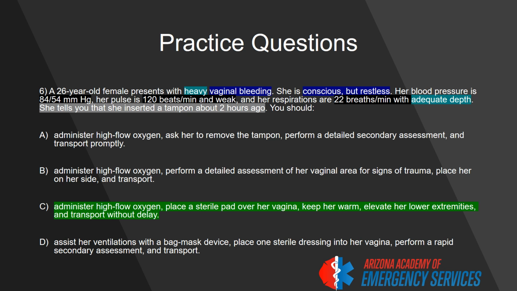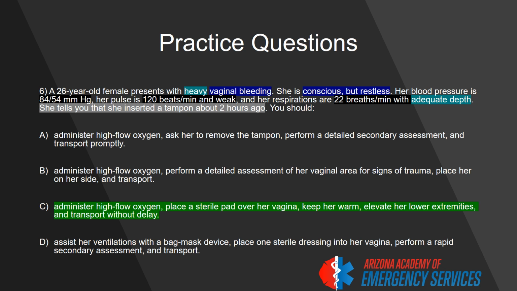B, administer high flow oxygen, perform a detailed assessment of her vaginal area for signs of trauma, place her on her side and transport. This answer option doesn't look too bad, but the detailed assessment of the vaginal area for signs of trauma wouldn't necessarily be warranted with the information given in this patient scenario. We don't really have an MOI, and that answer option is very specific.